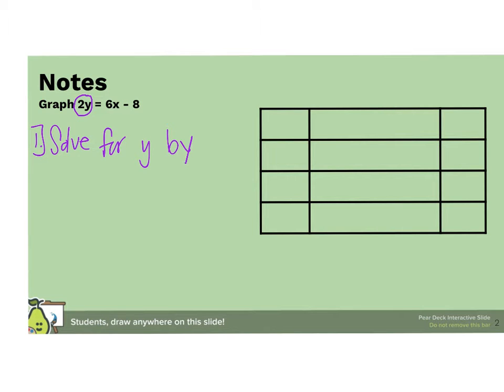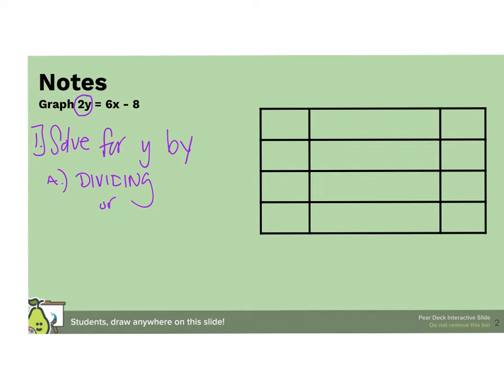And we're going to have two options, okay? So you're going to divide. Oh, sorry, it should say dividing. By dividing, that's if it's a whole number or an integer like this.